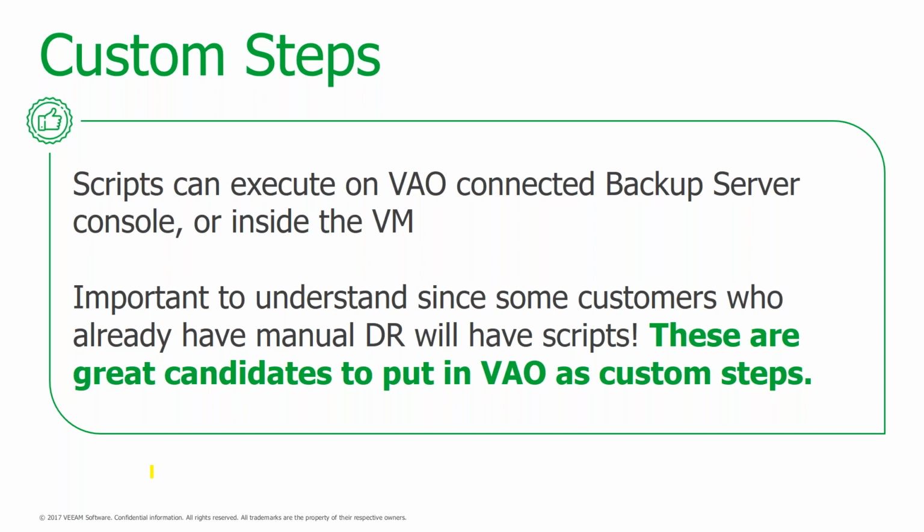But basically, for example, sure, we're orchestrating the replication of VMware virtual machines, but maybe we need to tell Active Directory an application, and let's go farther and say it's physical. It's not even a virtual machine. But maybe we need to tell Active Directory to change this DNS CNAME, or tell this physical application to switch over to its own production versus DR environment.